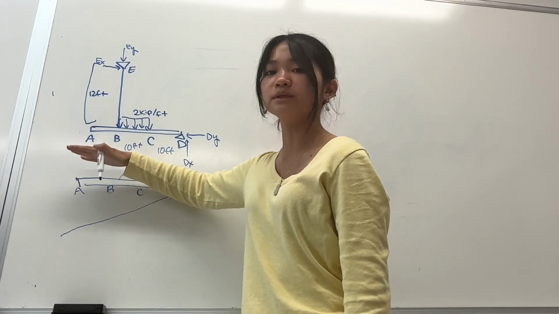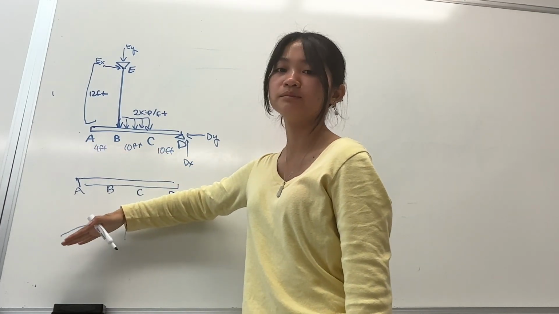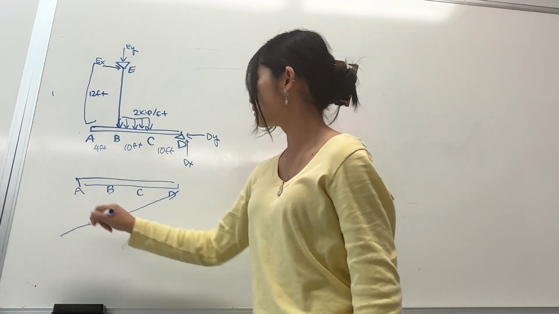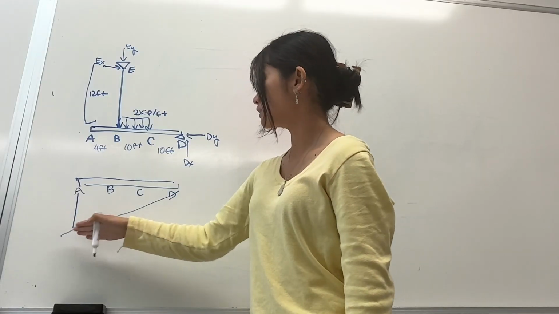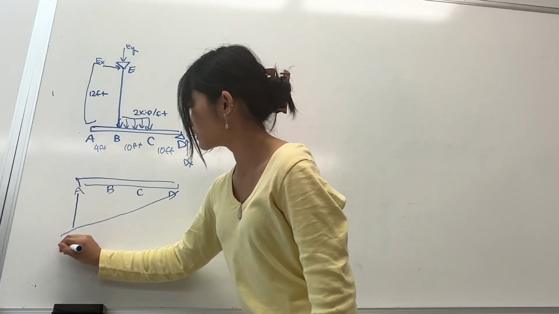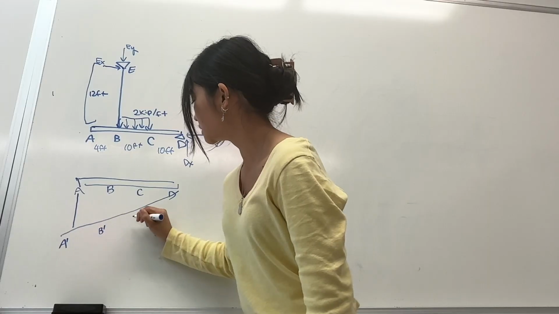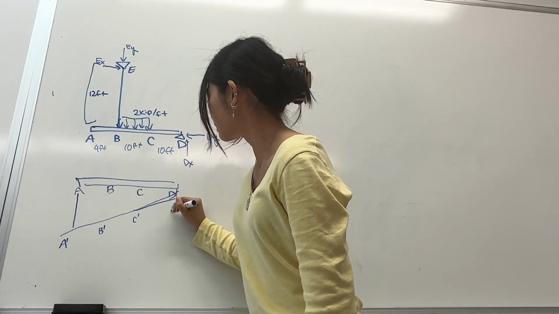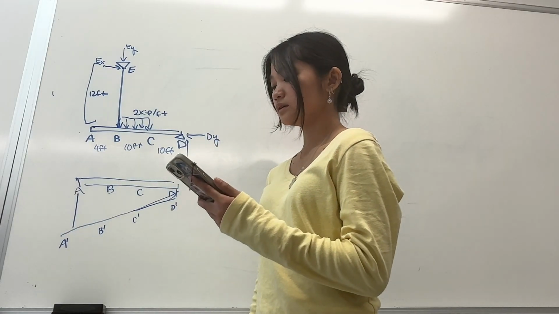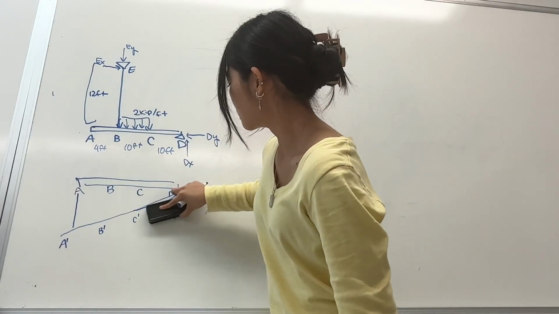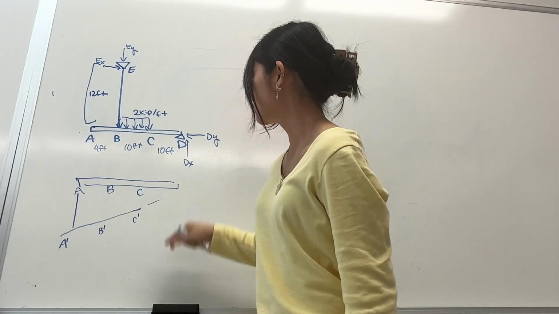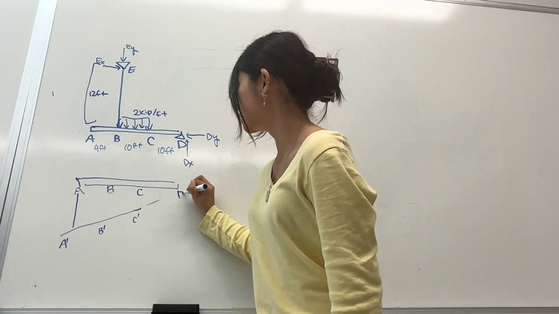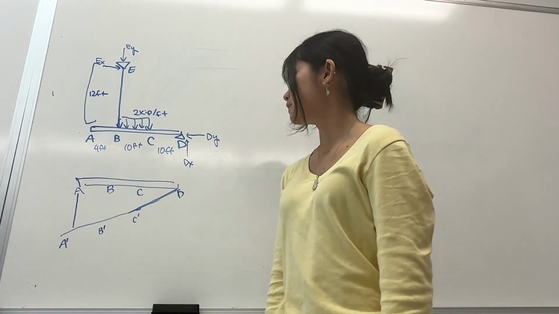So this is our beam going from this to this because of our force. So we can turn this into a triangle, and this would be our new points. So we have A prime, B prime, C prime, and D prime. Oh, sorry, wait. Because this is a pin right here, it won't go any lower than where D is, so there would be no D prime. So D stays, and then we go like that.